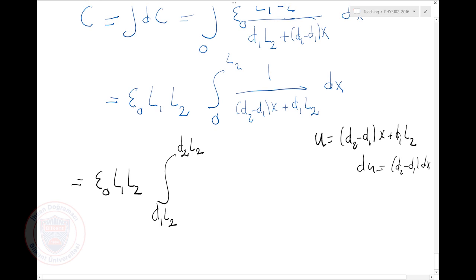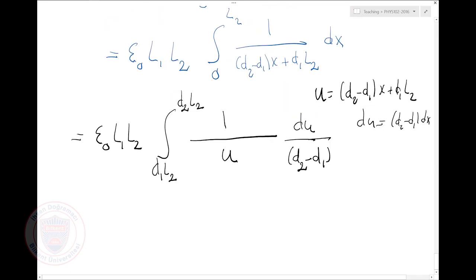Some phone is going off. Okay. Now, I have 1 over u, and dx is du over d2 minus d1. All right? So, epsilon 0, L1, L2 divided by d2 minus d1.